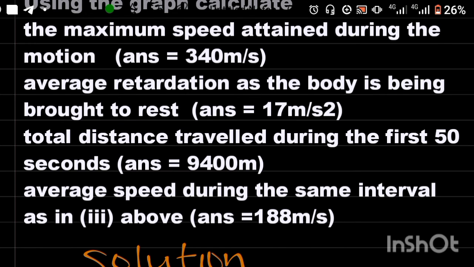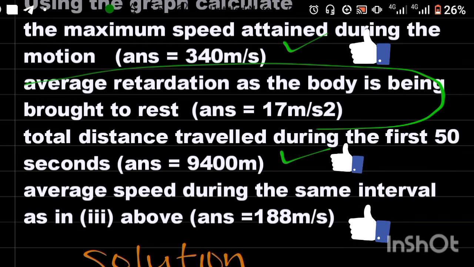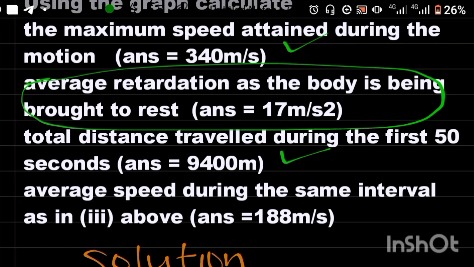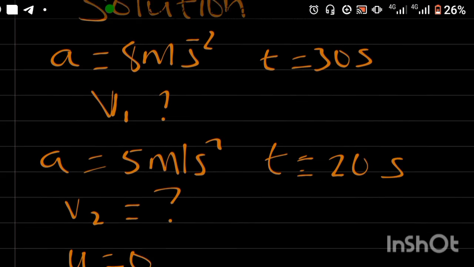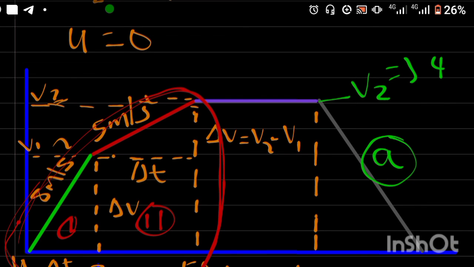Okay, we have calculated this, but there's a question here that we need to calculate: the average retardation as the body is being brought to rest. This is the part of the motion that represents retardation. The body comes to rest directly from this velocity, v2, which is equal to 340 as we have calculated.